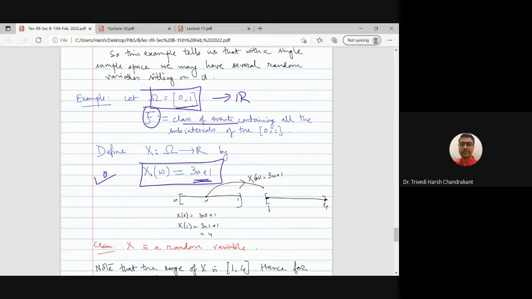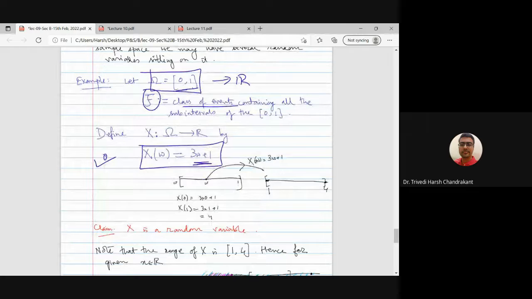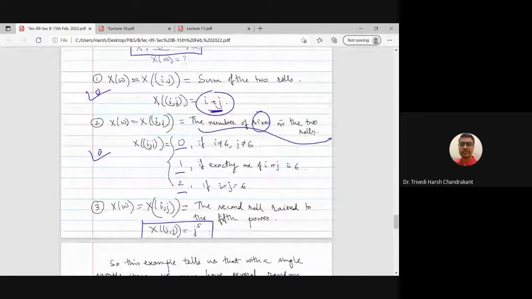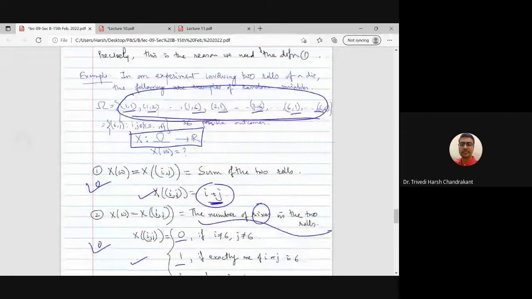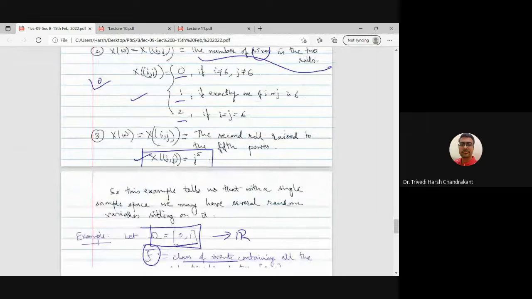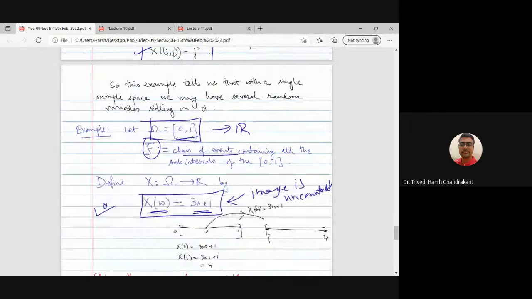When we multiply this interval by 3, we get the closed interval [0, 3], and then we add 1, so it is the interval [1, 4]. So the image of this set is uncountable. This is a random variable whose image is uncountable. The other three examples have finite range, but this is an example where the range of the random variable is uncountable.